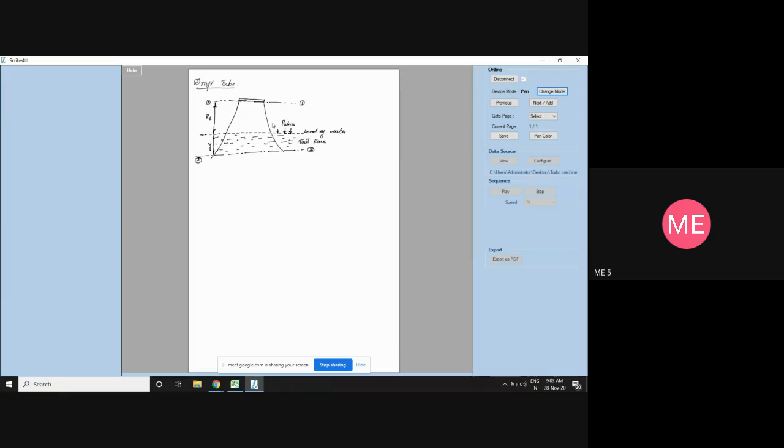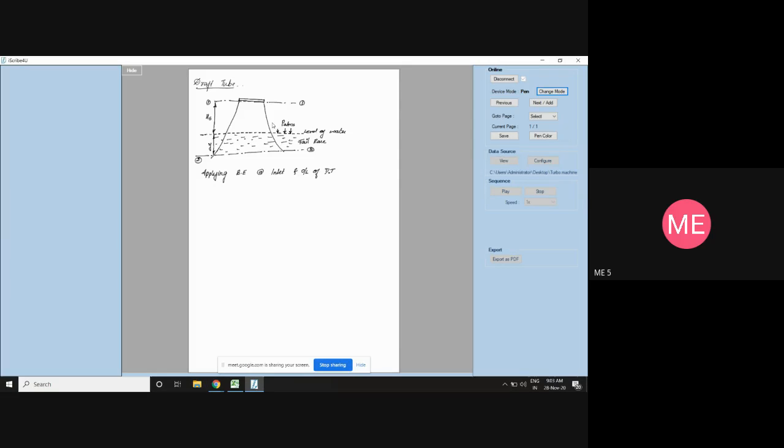So with this, we want to find what is the pressure head at section 1. How to determine? Applying Bernoulli's equation at inlet and outlet of the draft tube.